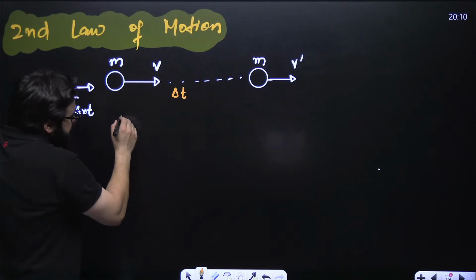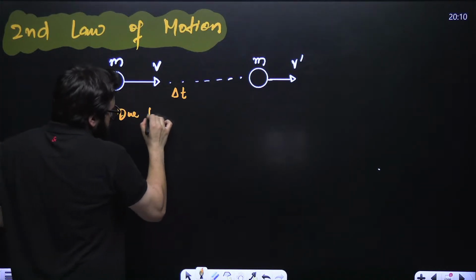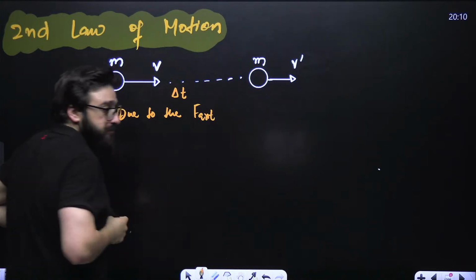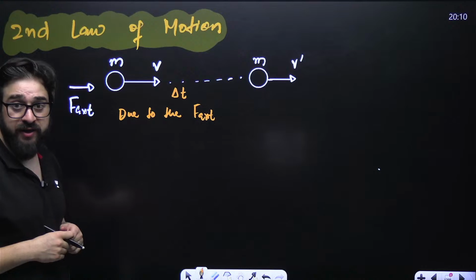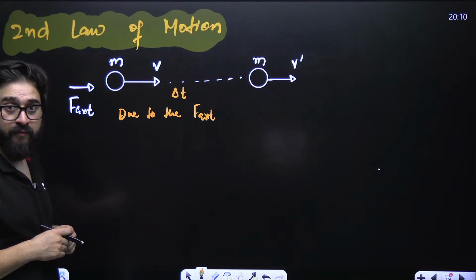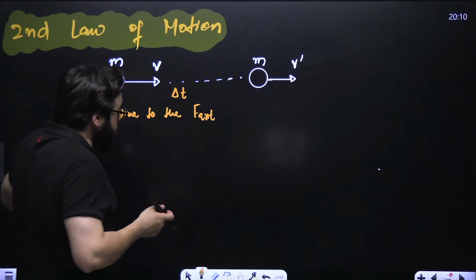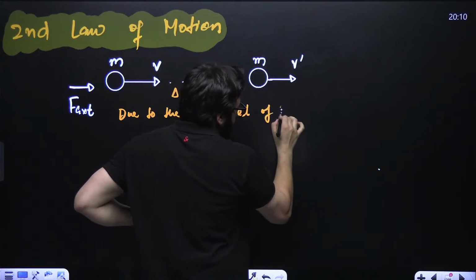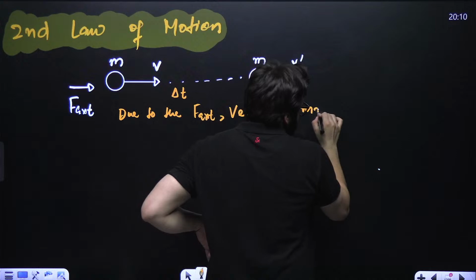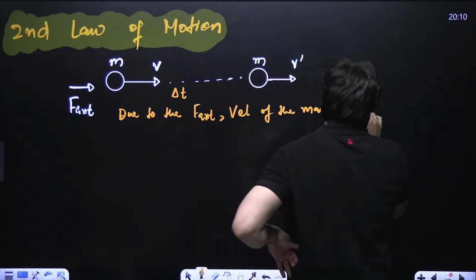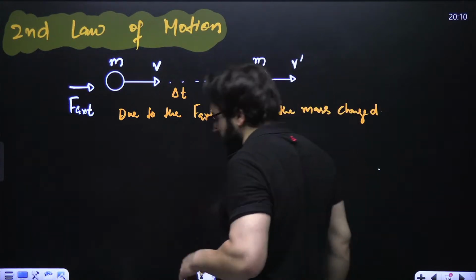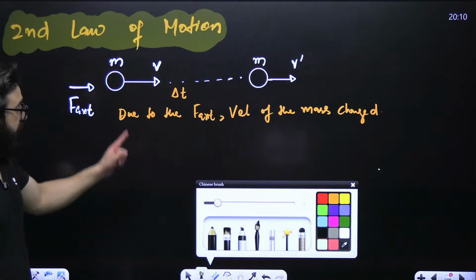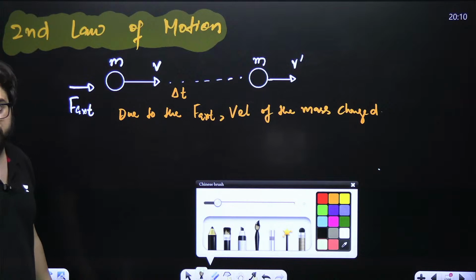Now, can I say due to the F external, velocity of the mass changed? Yes. Due to the F external, velocity of the mass changed.